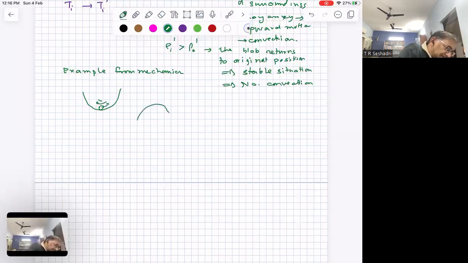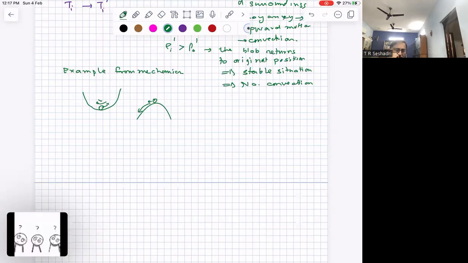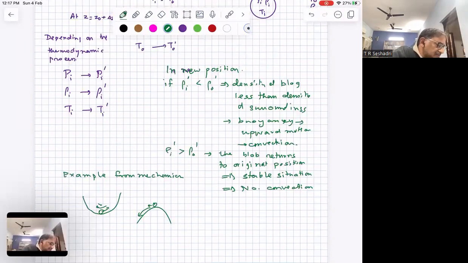On the other hand, if I have a hill and a ball on top, a small perturbation will make it go away. It will be unstable. So convection is a situation of instability so that a small perturbation can make it go higher. Is that all right? Yes. Okay. And so we need to find out the condition under which rho I prime less than rho O prime is achieved.